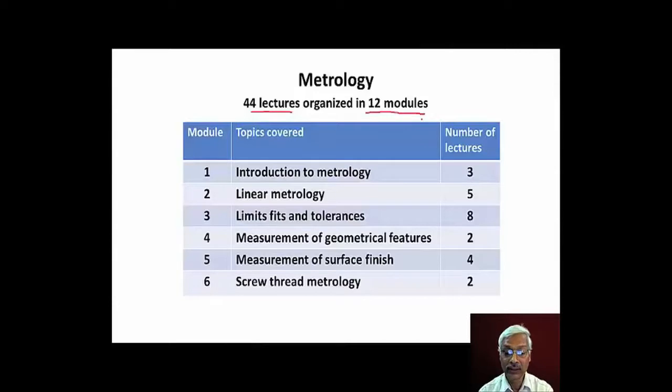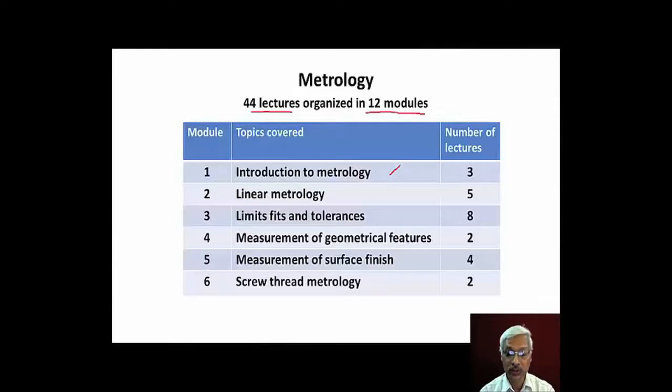We will be learning about basic definitions and terminologies related to metrology, different measurement standards, units, methods of measurements, errors in measurements, and calibration aspects in module number 1, that is Introduction to Metrology.